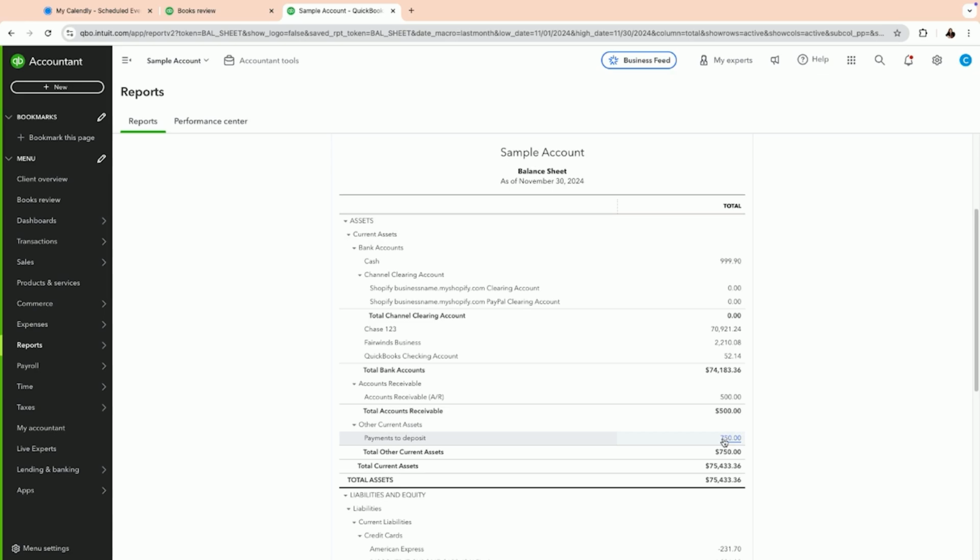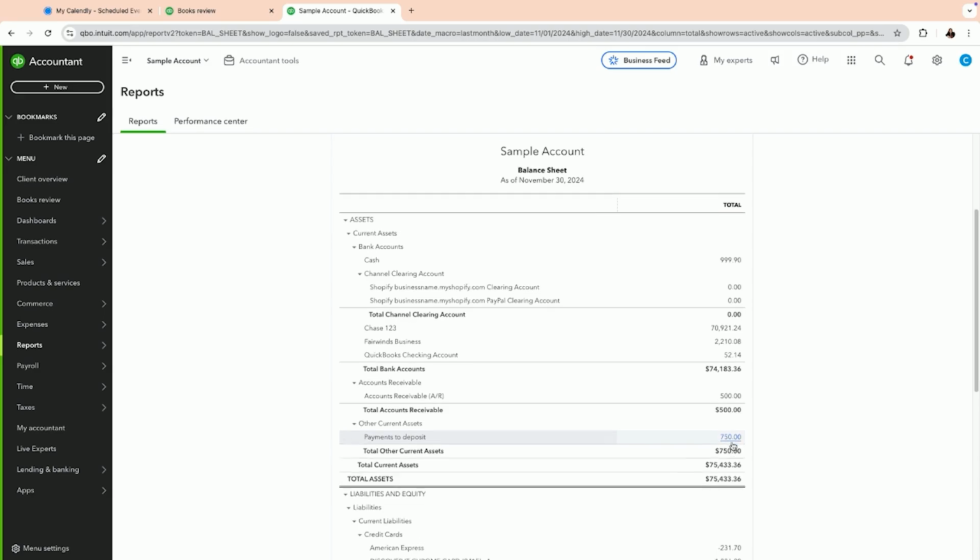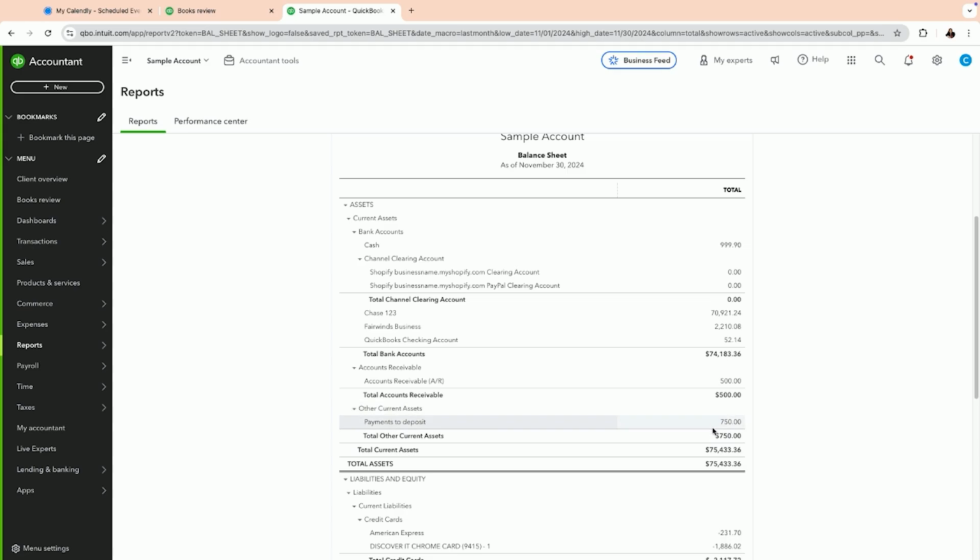Payments to deposit, the same thing as undeposited funds. This amount should be zero unless there are transactions that have not been deposited until the following accounting period. In this case, yes, there will be a little balance, but no more than that.